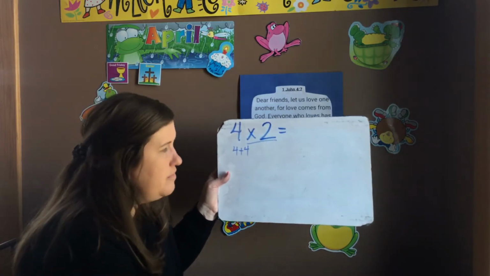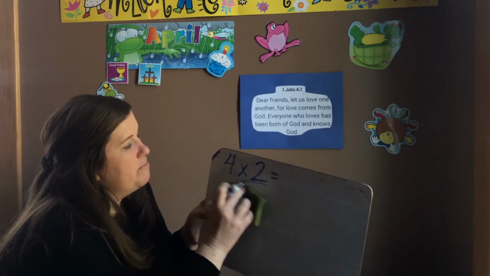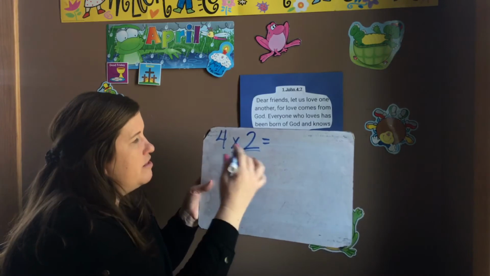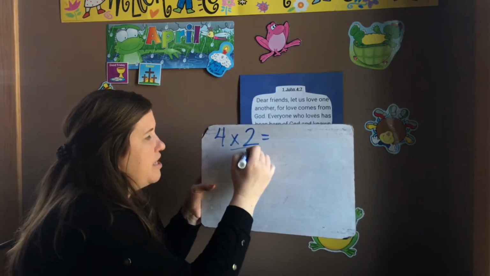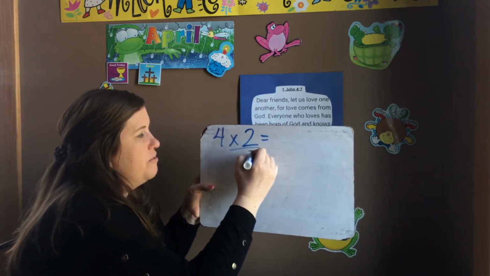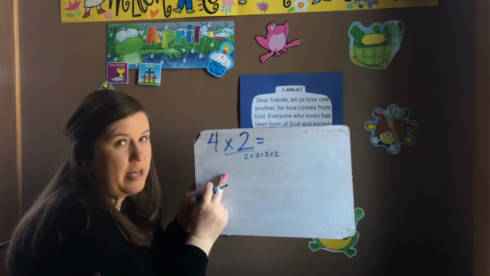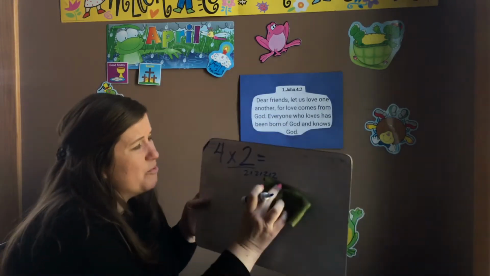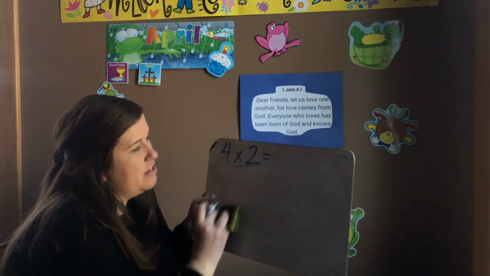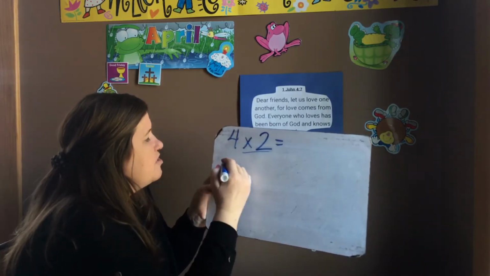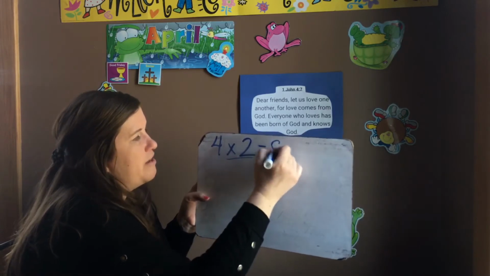The book also said you could do 2 plus 2 plus 2 plus 2, 4 times. So remember, you can do either one. I just think that adding the bigger one is a little bit quicker. So we have 4 plus 4, that would be 8.